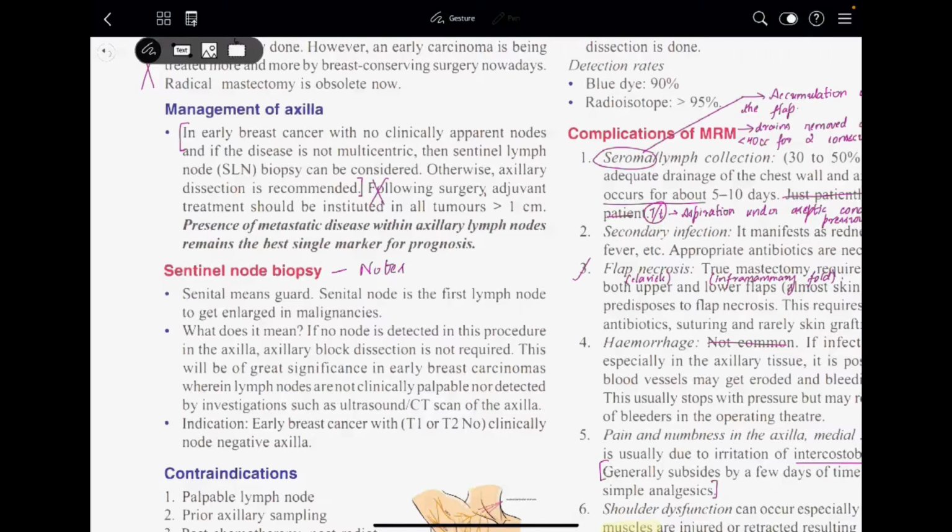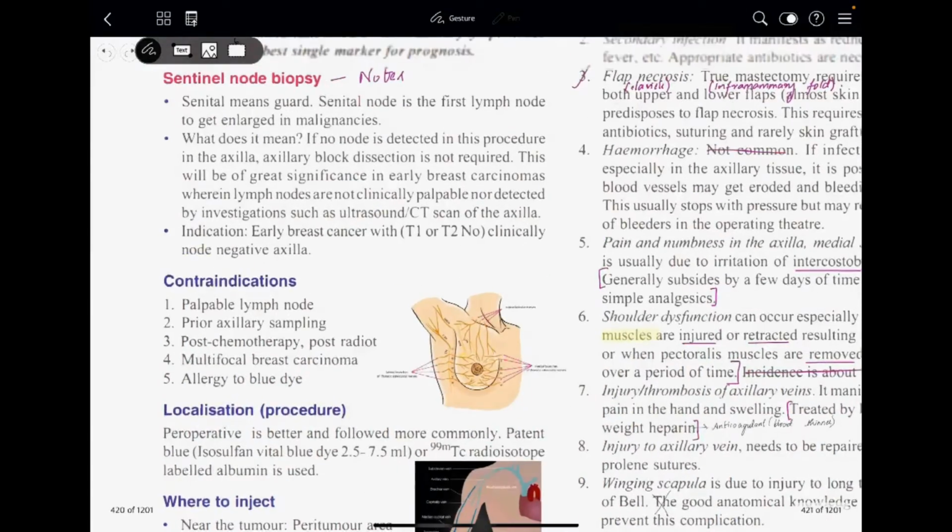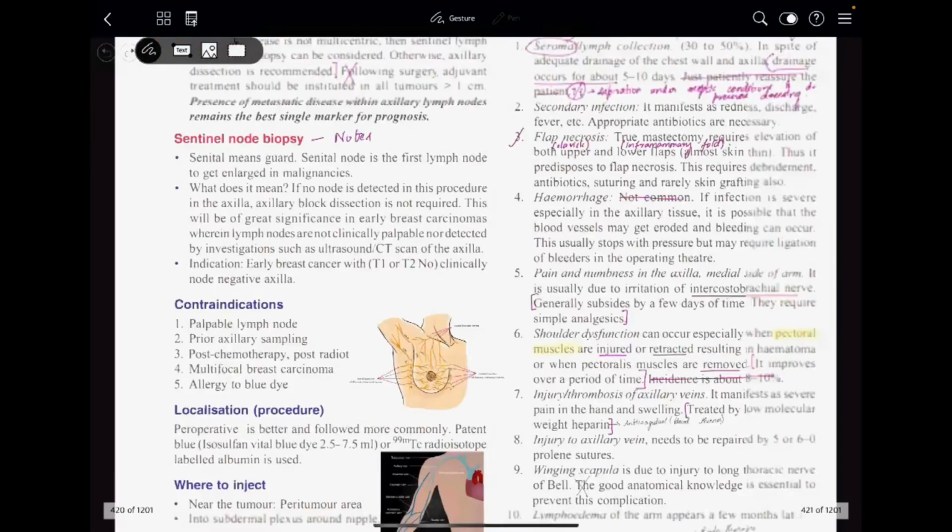But if the lymph nodes are palpable, and if this is a late disease, and if the breast has multiple tumors in different quadrants, then go for axillary dissection. And yeah, sentinel node biopsy, I've done this in detail. Please go refer the notes.